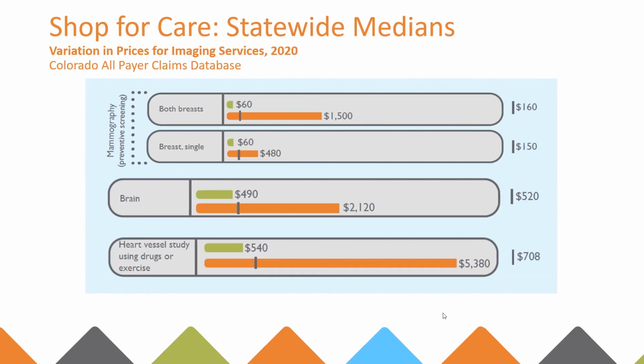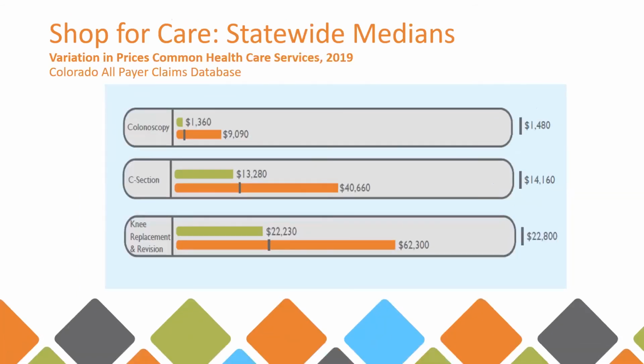And then we have the CT scan of the brain. The median price is $520, but the range goes from $490 to $2,000. And the heart vessel, you can see this is really an outrageous range from $500 to $5,000, with a median of 700. And these are all prices from 2020, commercial payers in the state of Colorado.